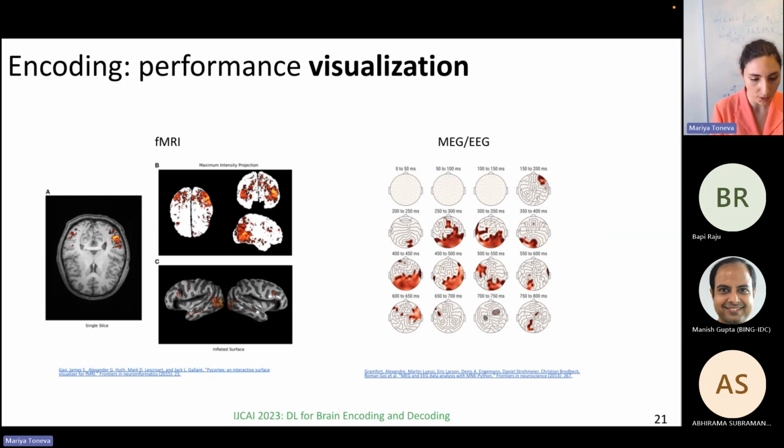Let me see if I can point to it. Okay, it's not working for me right now, but it's the 3rd one that's on the bottom right of the fMRI part of the screen. And the good thing about it is it's really improving the fMRI visualization in a number of ways.